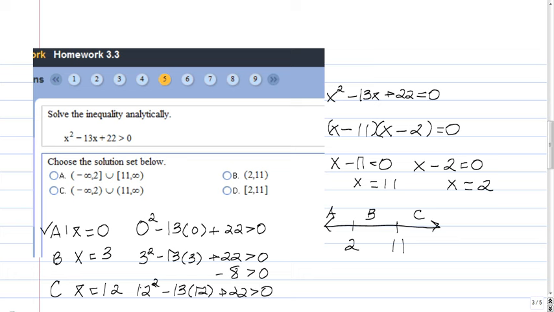If you get out your handy dandy calculator if you need to, 12 squared is 144, minus 13 times 12 is 156, which is negative 12, plus 22, and we get 10. And 10 is greater than 0, so region C checks.